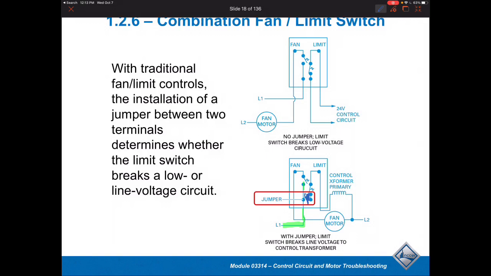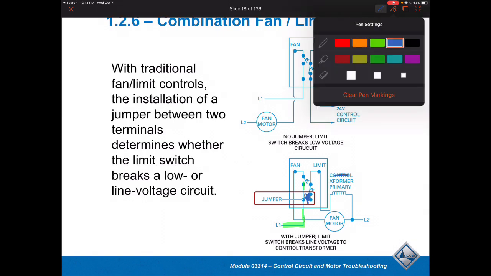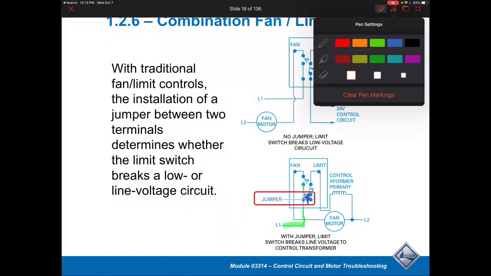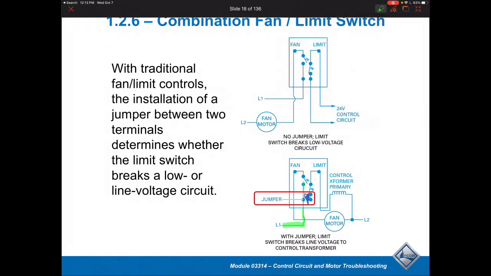The one that's on the bottom would have the high voltage transformer on the high voltage side, and on the one up on top, you'll probably notice that the jumper is taken out. That allows the 24 volt circuit to be completely isolated.